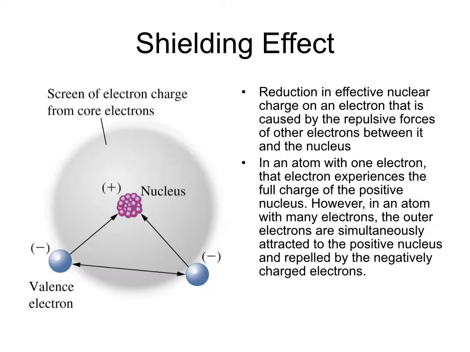This idea is the shielding effect, essentially the reduction in effective nuclear charge because other electrons are blocking the outer valence electrons from being attracted to the positively charged nucleus, and also repelling each other. Both of these things will reduce effective nuclear charge.